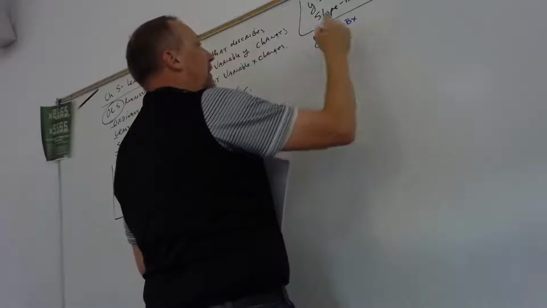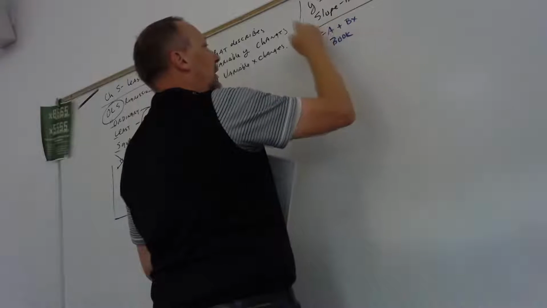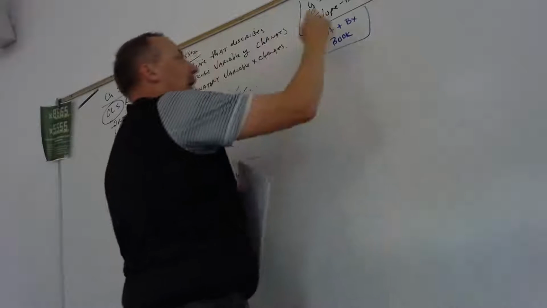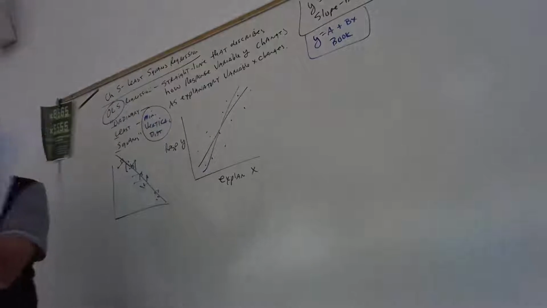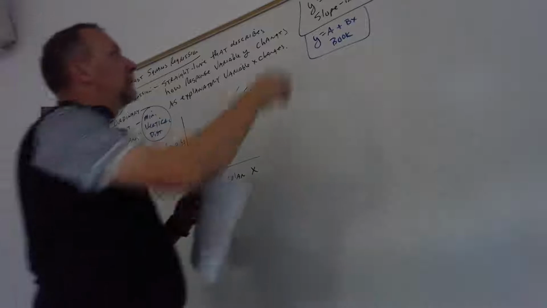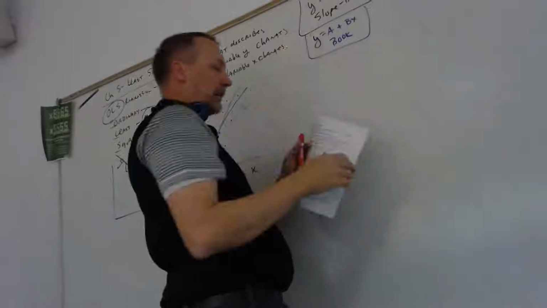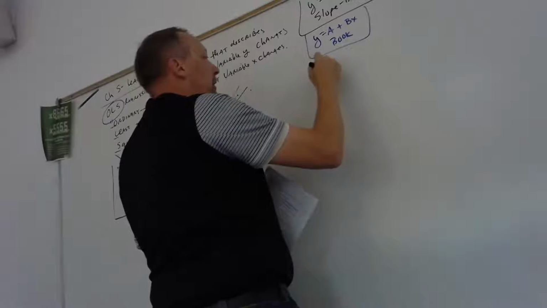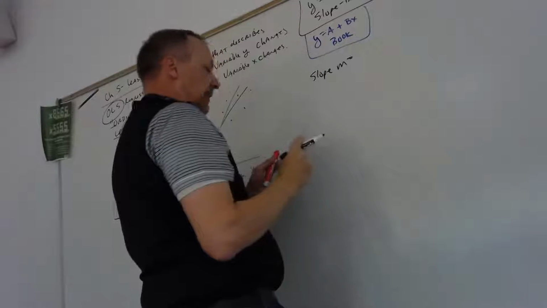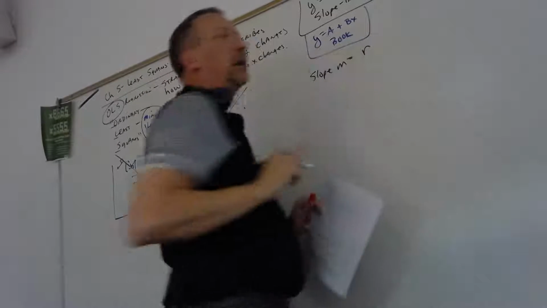But anyway, this is what the book uses, okay? Nothing wrong with that, but I like this method better. And so all my formulas, you saw the formula sheet. Did you like that? Was that useful? Okay? So on my formula sheet, I'm going to stick with this form, okay? So in order to find the slope, m equals r. What does r stand for?